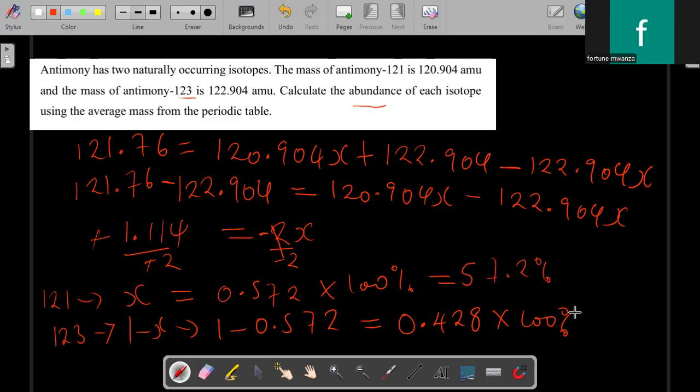Same here, if I multiply by 100%, I'm going to get 42.8%. So these are the percentage abundances for these two isotopes. Isotope 121, the percentage abundance is 57.2, then isotope 123 percentage abundance is going to be 42.8 there. So that's how you handle such a question.